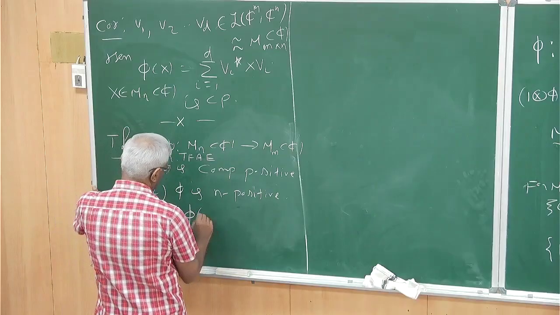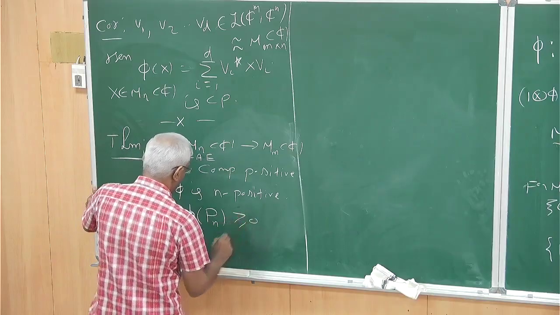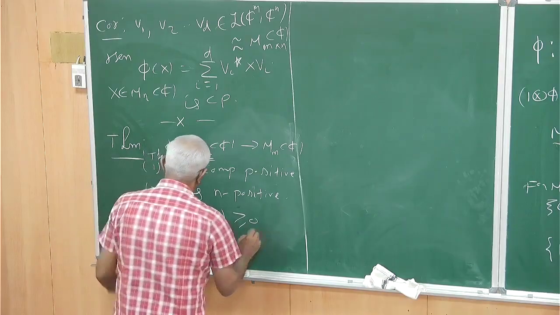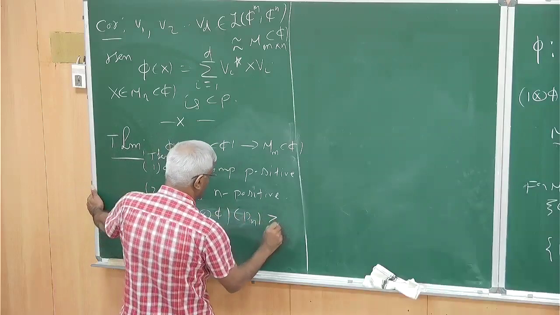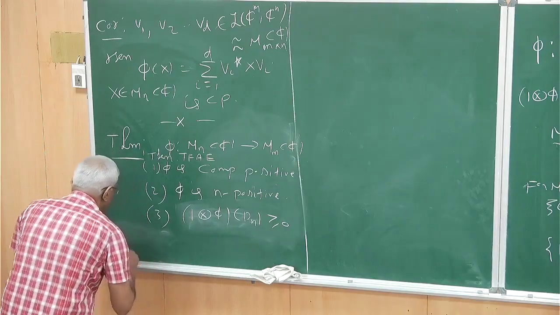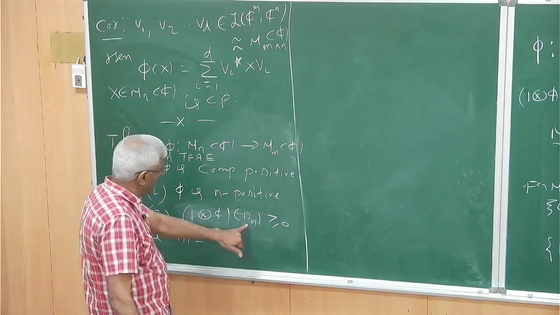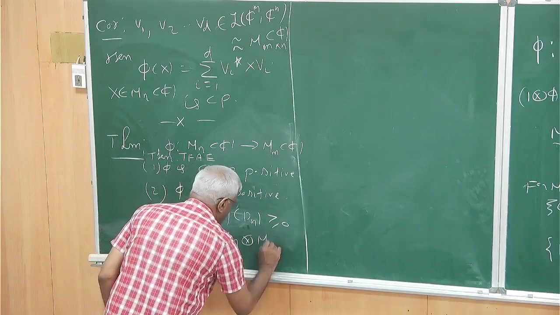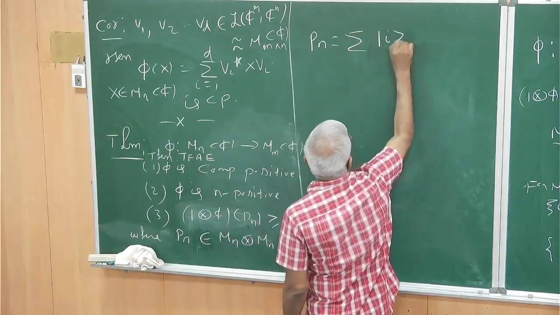one tensor phi of P_n is positive, where P_n is in M_n tensor M_n, and P_n looks like this: the summation over i, j of E_ij tensor E_ij.